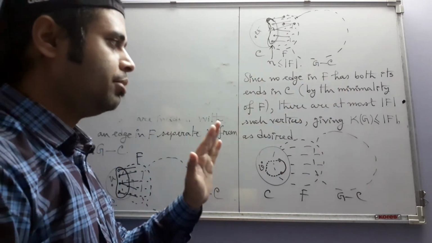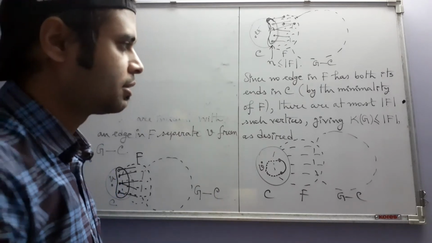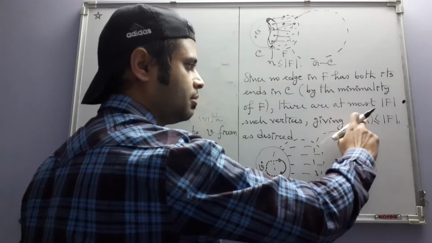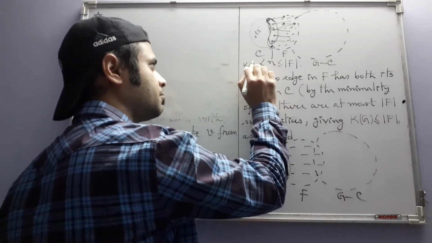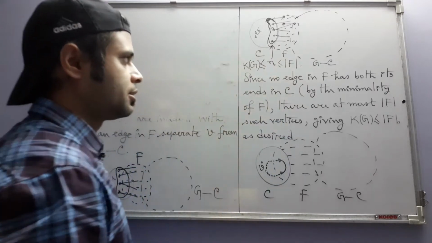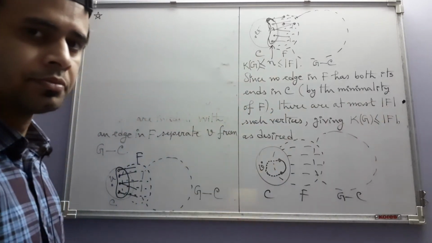So the minimum possible number of vertices whose removal disconnects the graph, which by definition is the connectivity, must itself be less than or equal to n. So that's how we are getting this.